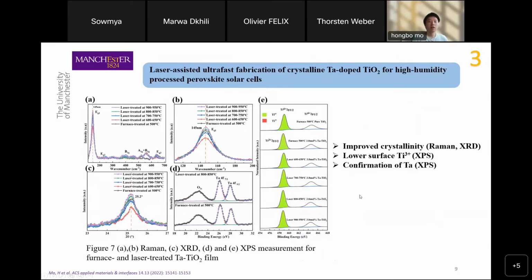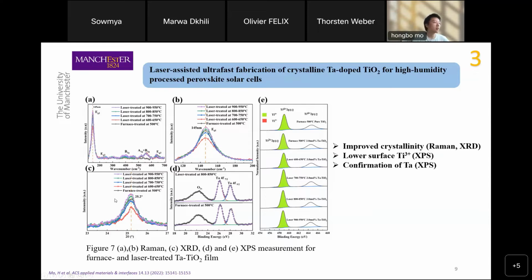First, we use Raman, XRD, and XPS measurements to investigate the change of crystallinity and surface chemistry for Ta-doped titanium dioxide prepared by the furnace and laser processes. As we can see from 7A and 7B, the Raman spectrum shows that crystallinity increases with the laser treatment temperature.